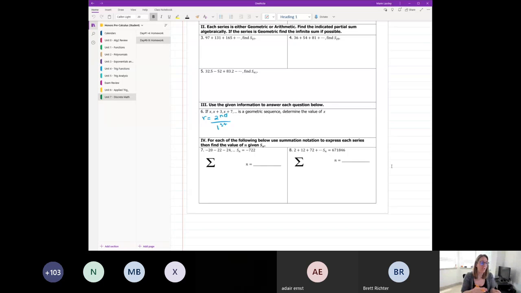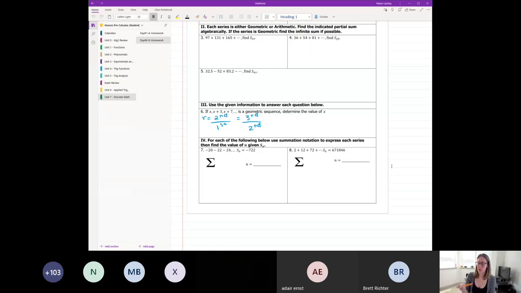Well, that's not the only rule. You don't have to use the first and second term. You could also do the third term divided by the second term, and that should also give you your common ratio. Any term divided by the previous term gives you your common ratio.